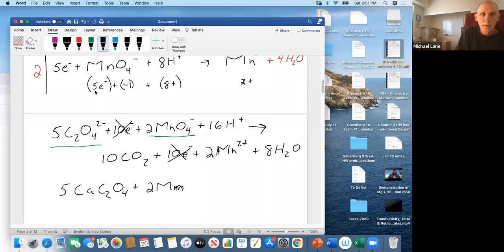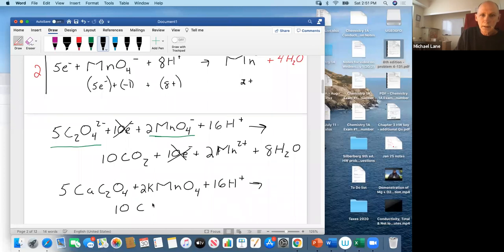Excuse me, Mn, not MM. We'll go ahead and put these 16 H plus in there. And again, as I said, they will be of no particular consequence, as the water will be of no particular consequence either.